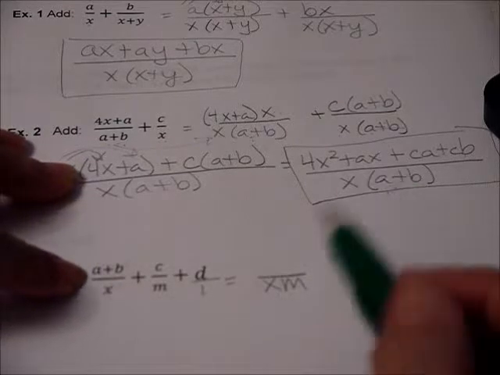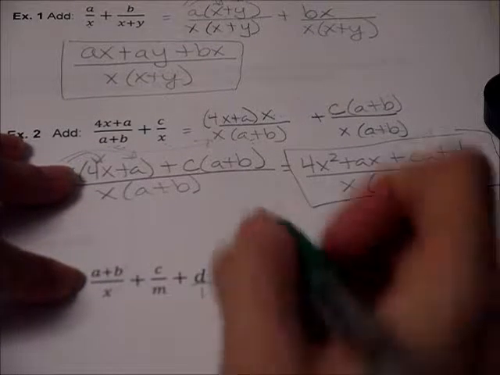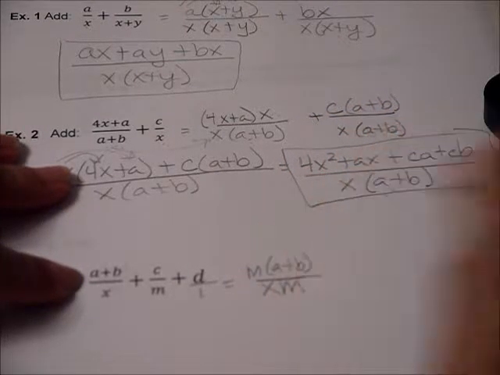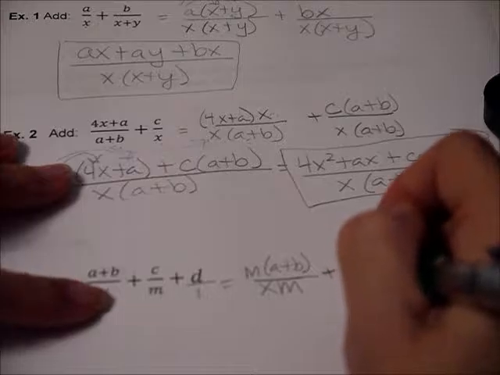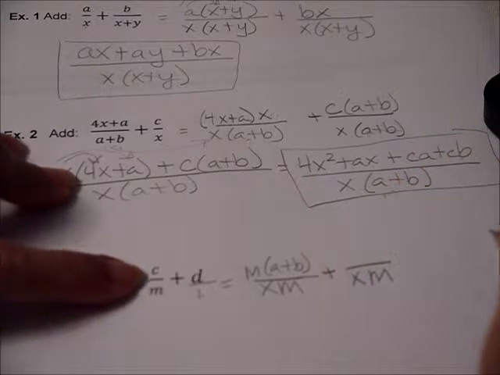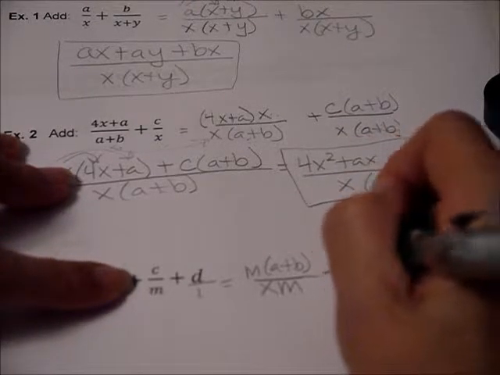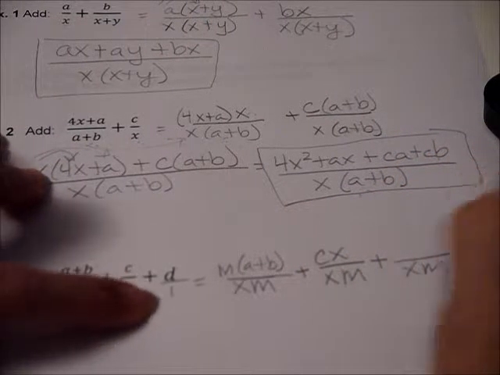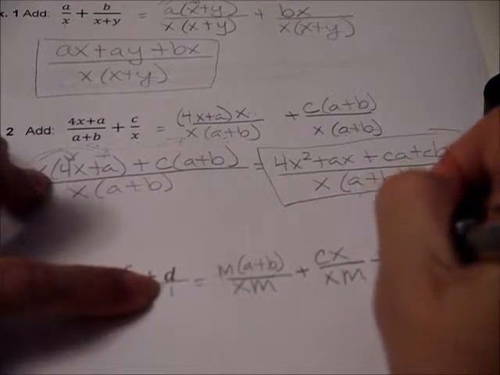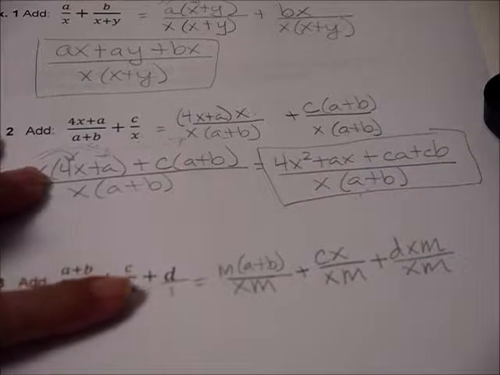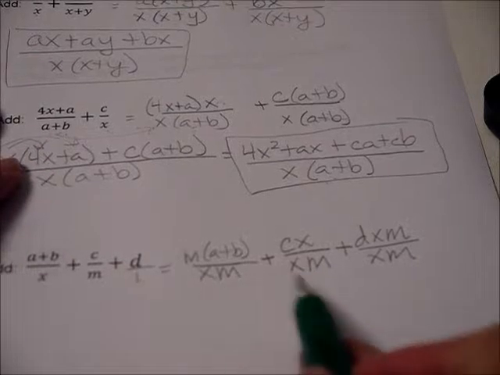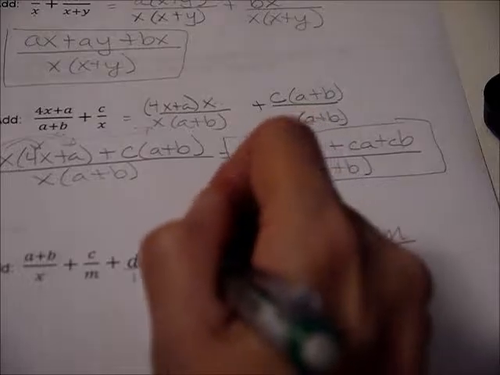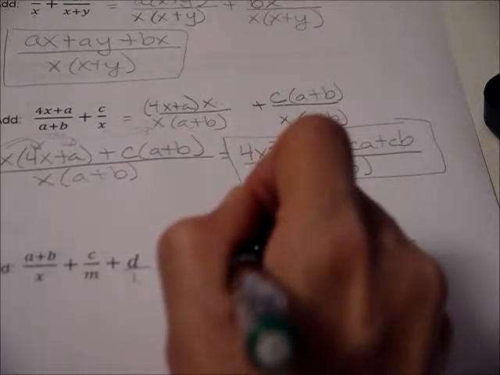So a plus b had to multiply by m to be renamed, and c already had the m on the bottom, so it multiplies by x, and d, which had only a 1 on the bottom, has to multiply by xm. Everyone has the same denominator now, and we're going to add them all up. However, if there are parentheses, we can get rid of those.